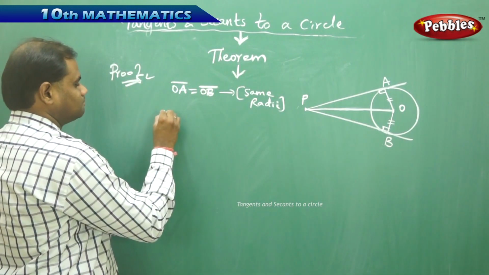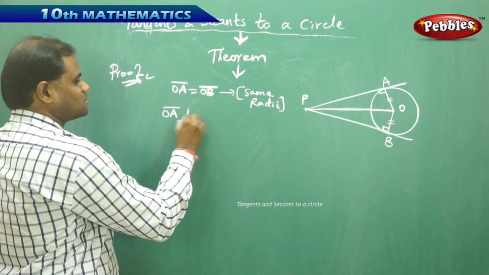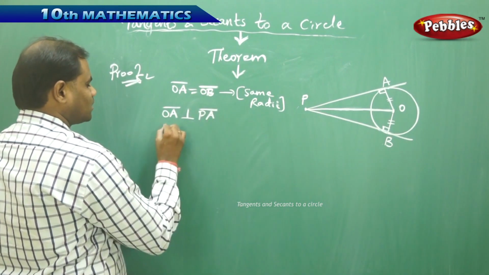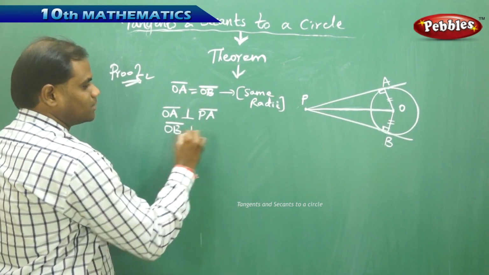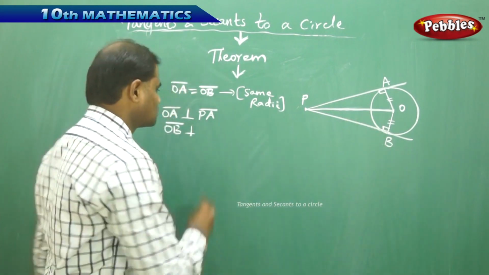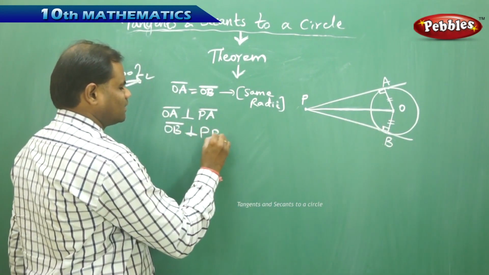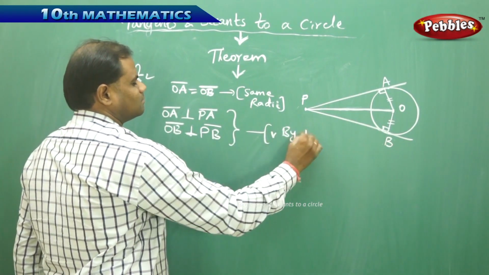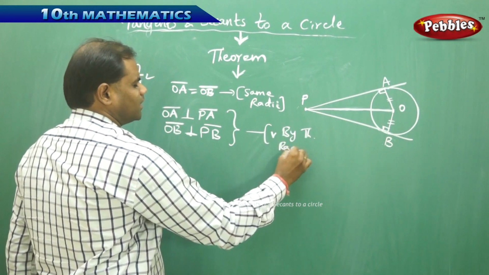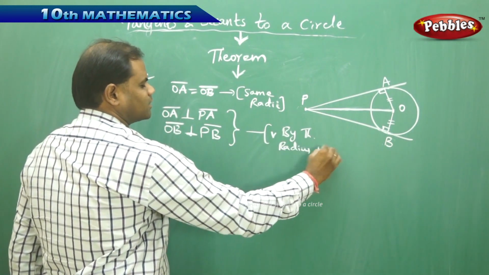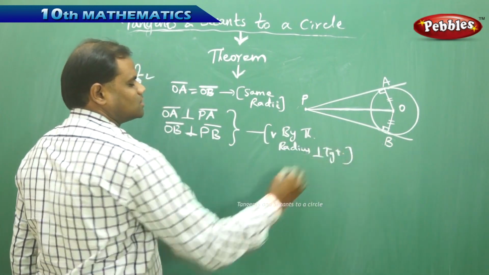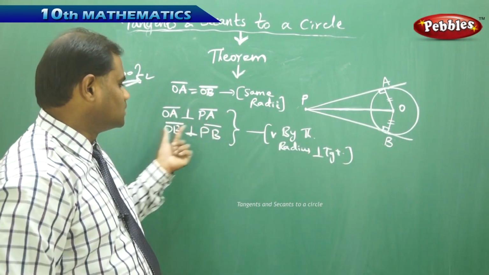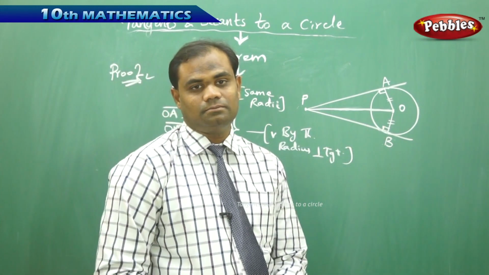Therefore, OA is perpendicular to PA, and OB is also perpendicular to PB, by the theorem.